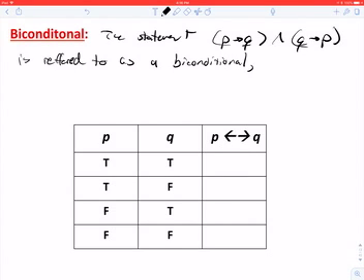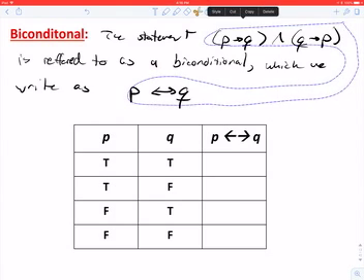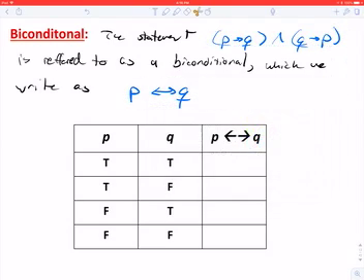Which we write as P biconditional Q. So we want this one and this one.